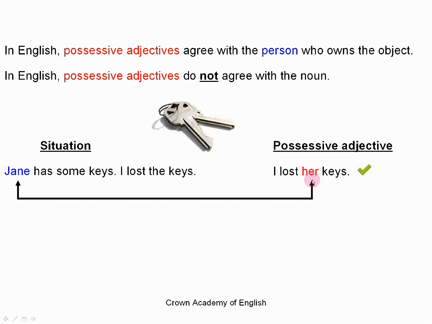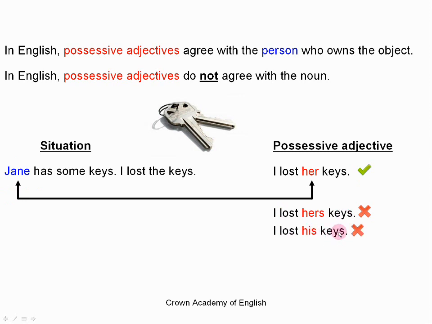Because her does not agree with keys. Her agrees with Jane. So hers keys, this is wrong. Because keys is plural, but her is never in plural. This word doesn't even exist as a possessive adjective. Okay? Her is singular because Jane is singular.